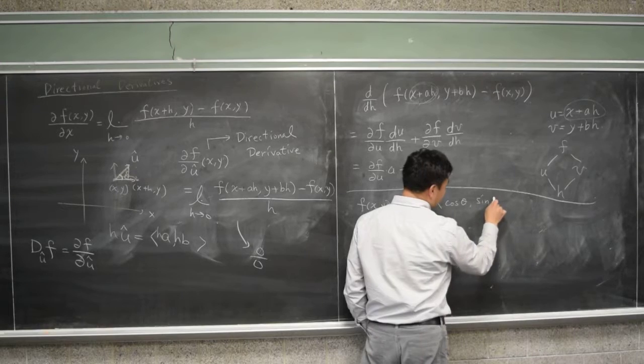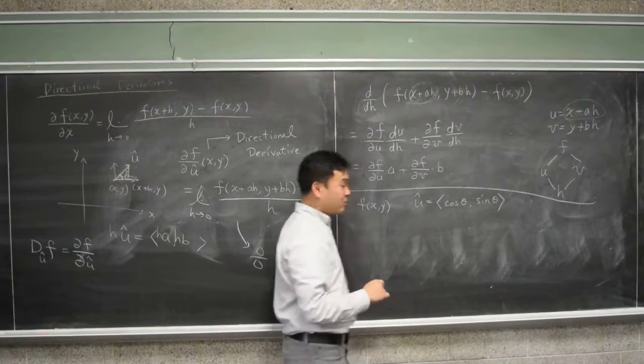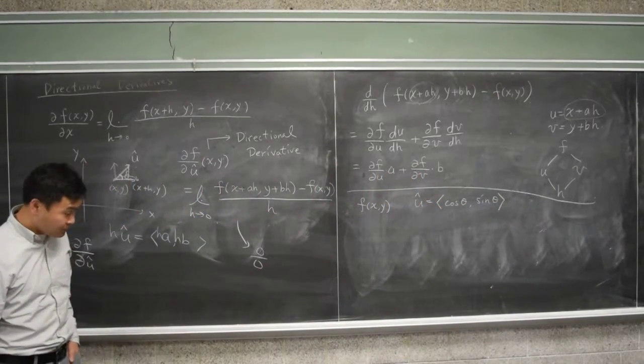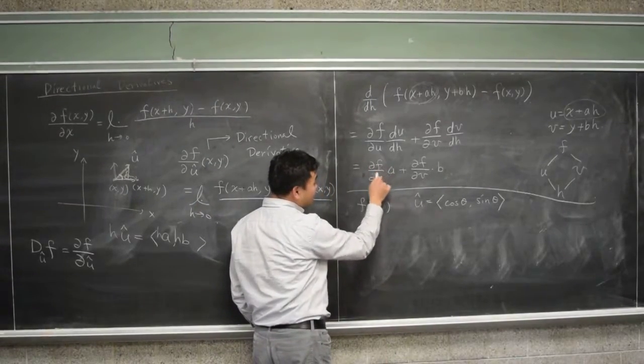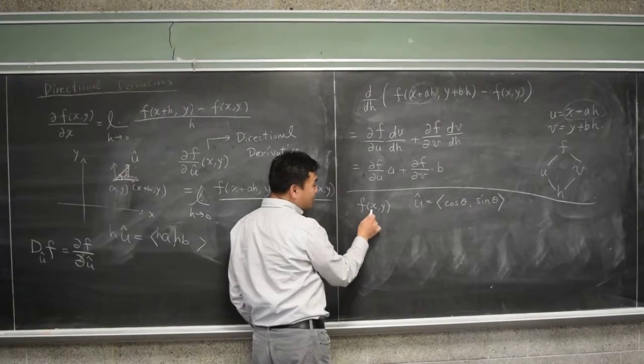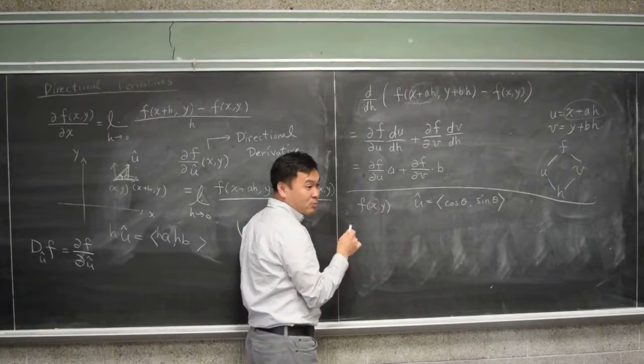So instead of a and b, we can use that. Also, notice that when we wrote round f round u, we really meant differentiation with respect to the first component.